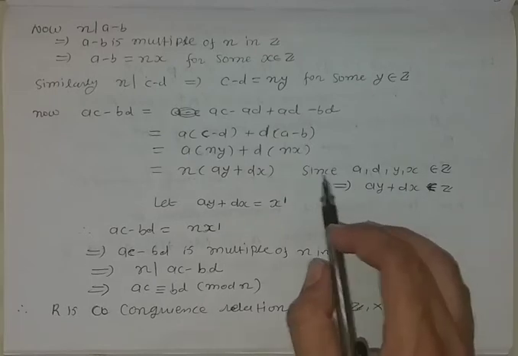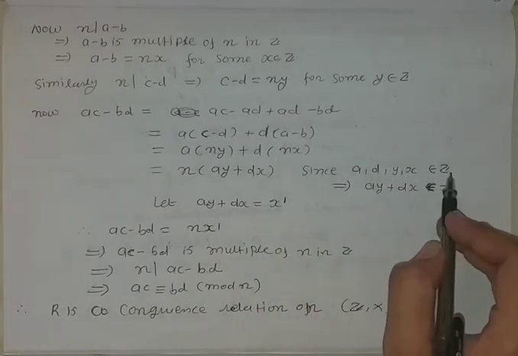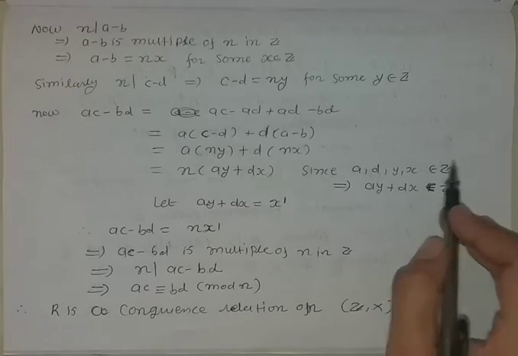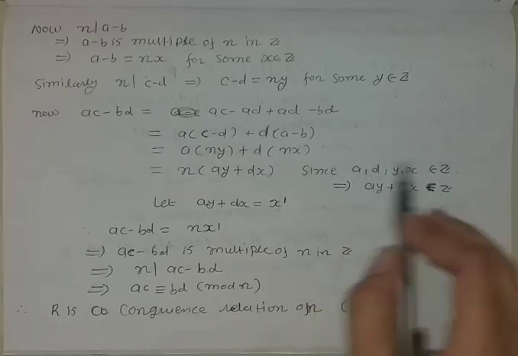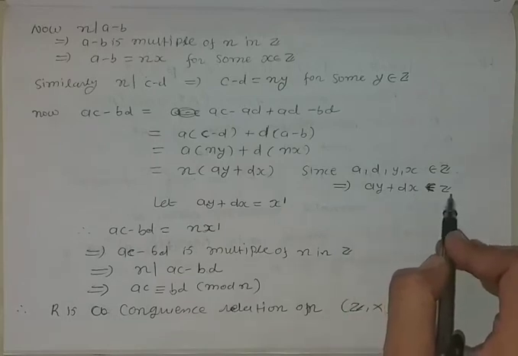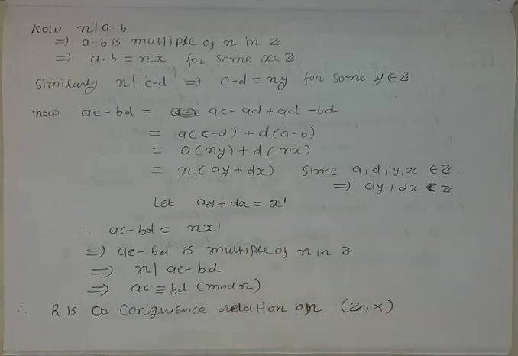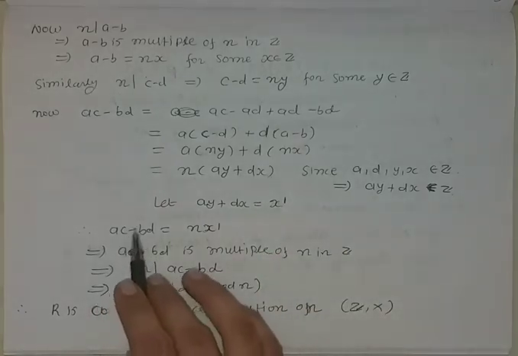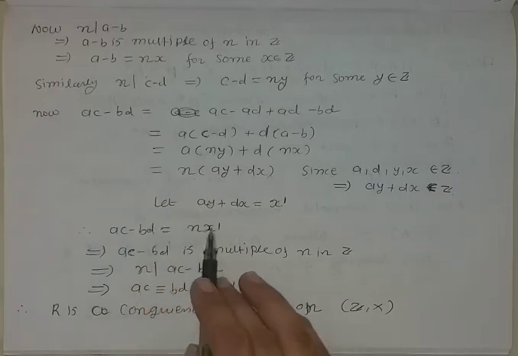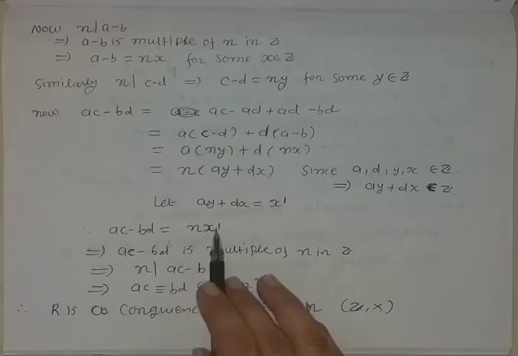Since a, d, y, x, all these elements are from Z, their product and their addition also belongs to Z. So take this element ay plus dx is equal to x dash. So what we get, ac minus bd is equal to nx dash.